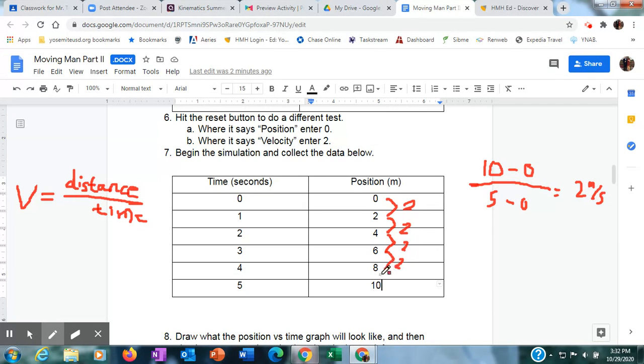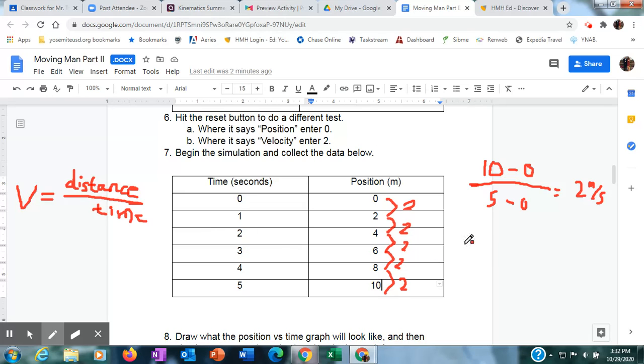Okay, so now, with that logic, since we defined what velocity is, we can do this for any interval. So let's say I wanted to find the velocity from 2 to 3 seconds, right?